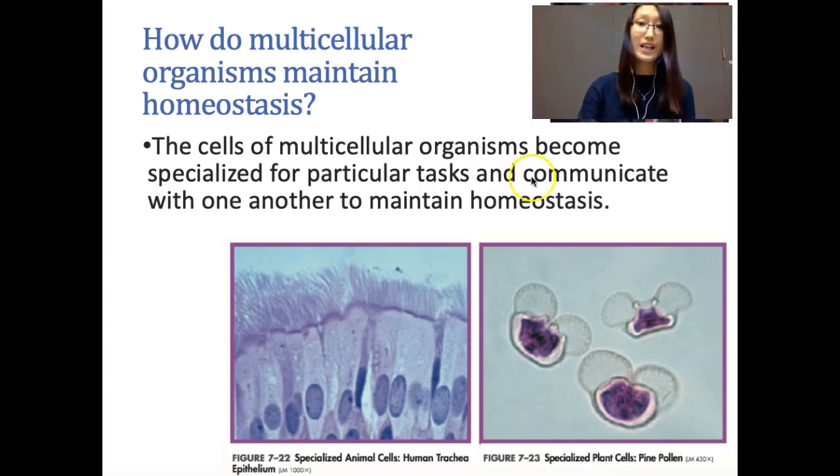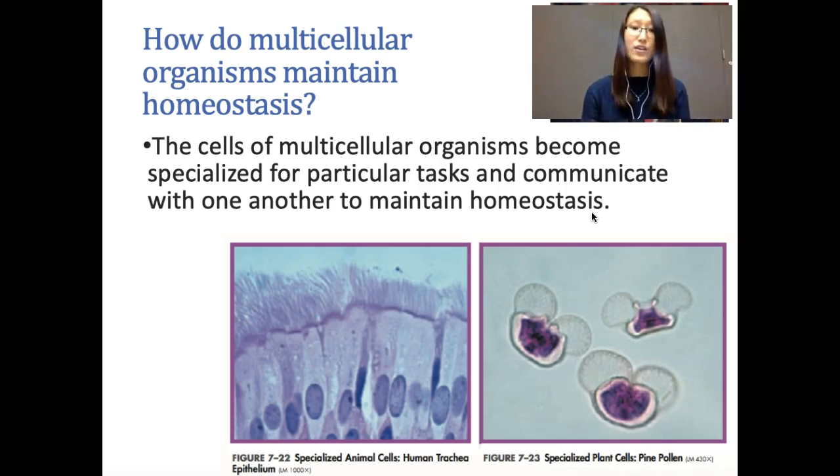And then we also need cells to communicate with one another. So for example, if you get a cut on your arm, right, your cells around the cut will start sending signals to each other and tell them that it's time to divide and make more cells so that we can fill up the gap.